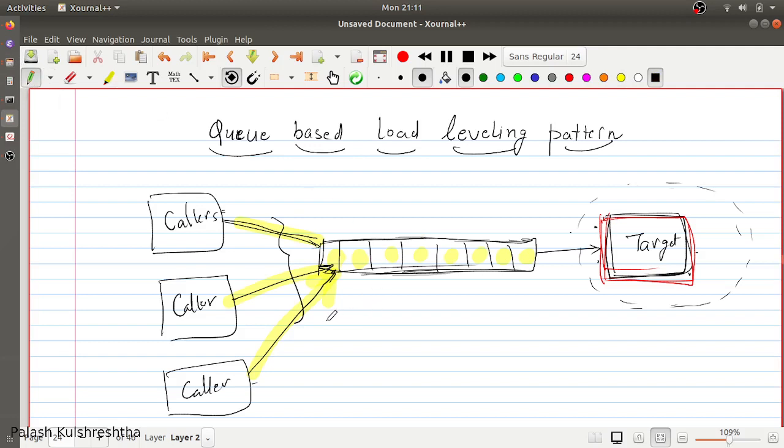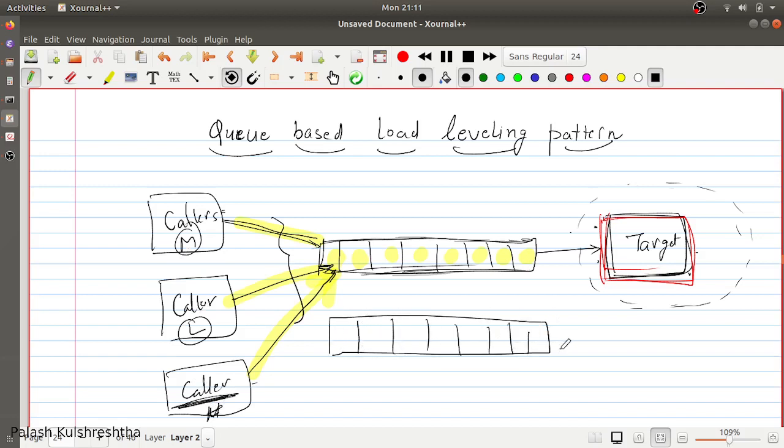That advantage is if you want to give different levels of priority to different callers. For example, this is a high priority caller, this is a low priority caller and this is a medium priority caller. So the target can create different queues for different priority callers, and hence we can use a priority queuing mechanism in which the messages for the high priority caller are queued in the high priority queue.